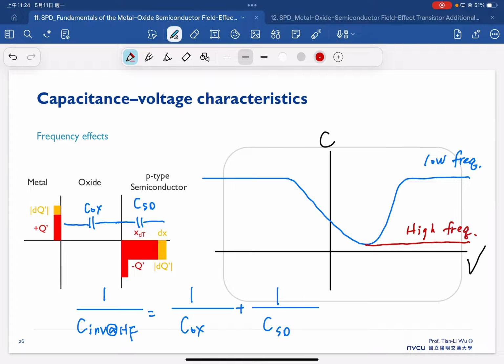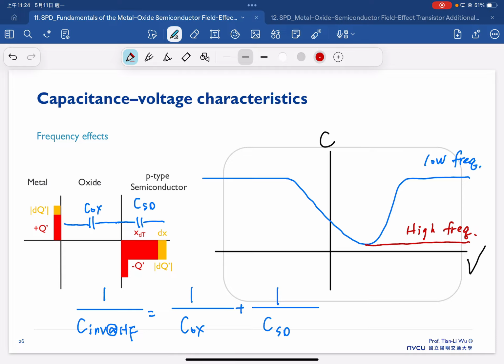That's the main difference between the low frequency and the high frequency. So that's one non-ideal effect.